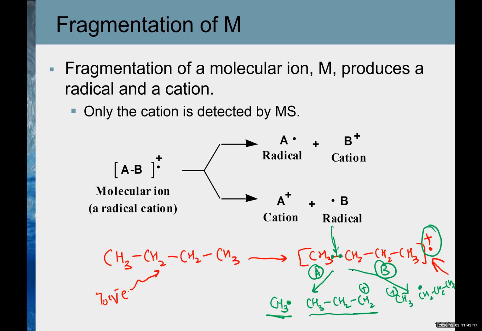B. B is more likely. Everyone agrees to that? Remember, it depends on the stability of the product carbocation. Whichever gives the more stable carbocation is more likely.